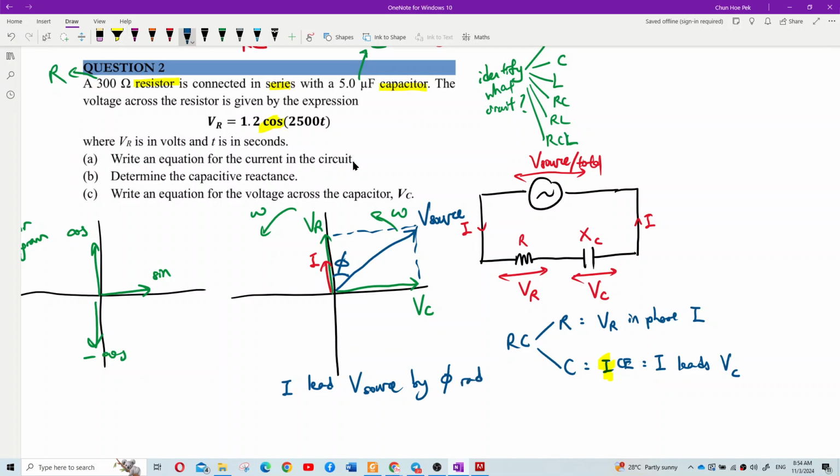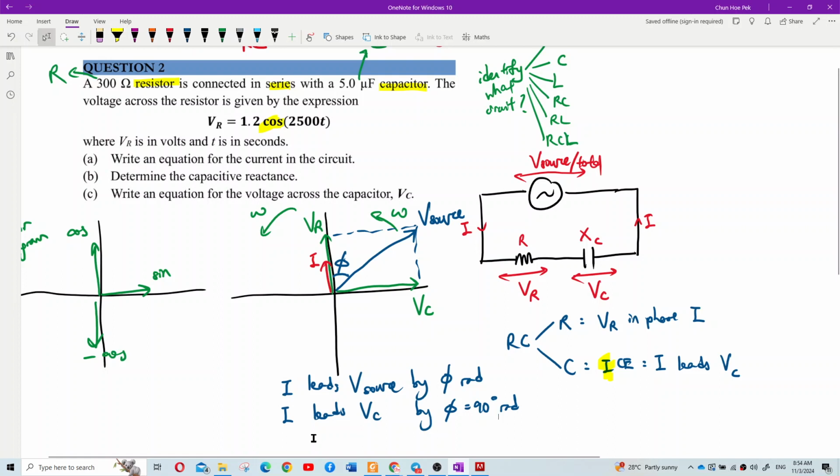Tapi current leads VC by 90 degree. Kalau VC saja memang 90 degree, tapi kalau V source kurang dari 90 ya.